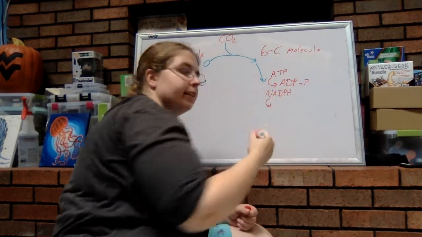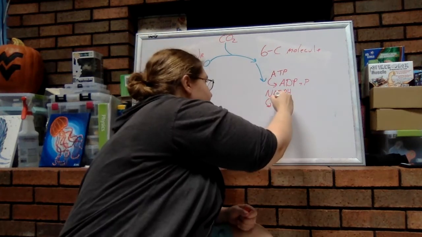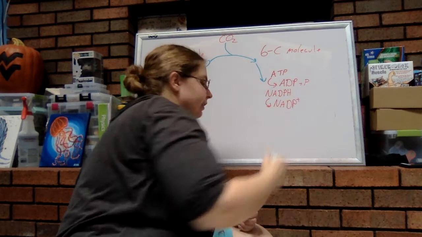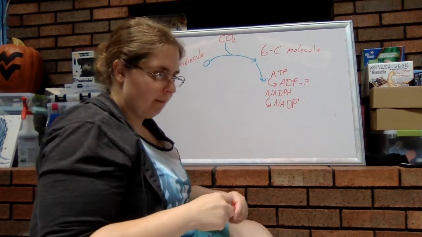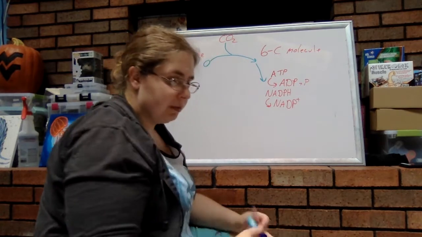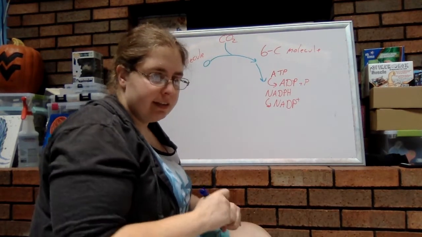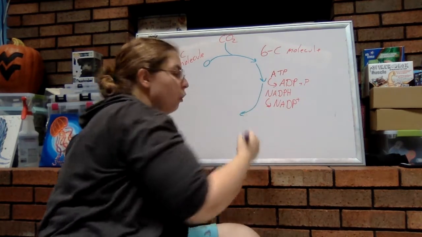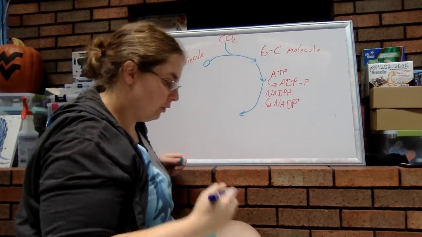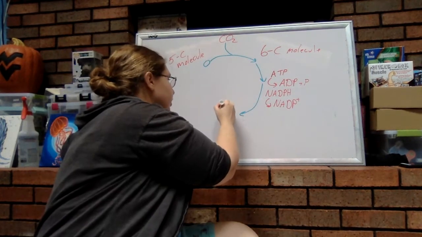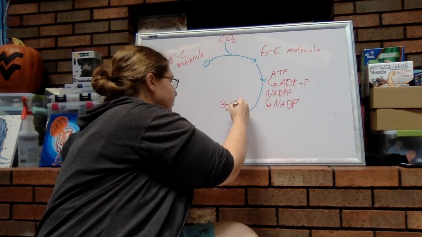We're going to take the electrons off of that, and we're left with NADP+. All right. Now that's going to provide energy as well as electrons, and that's going to allow us to break that 6-carbon molecule into 2 3-carbon molecules.